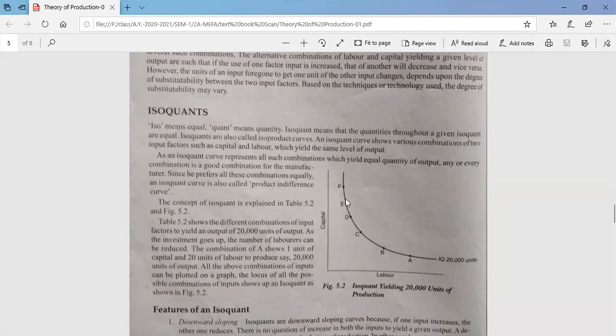The same fashion D, E, and F. That means if you have very less amount of labor, we are investing more capital to produce the same 20,000 units. That means we are using more machines. So you have to observe some more things.